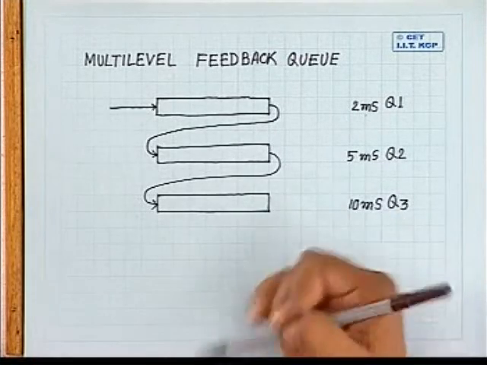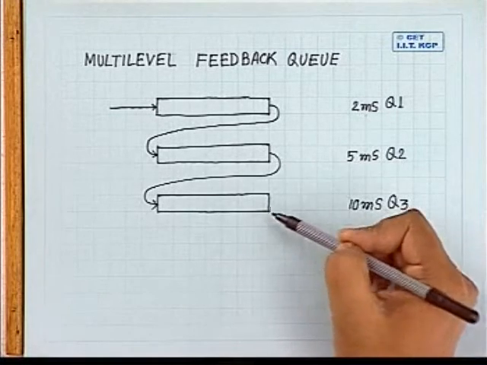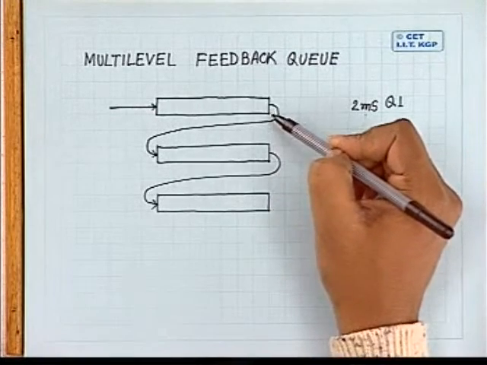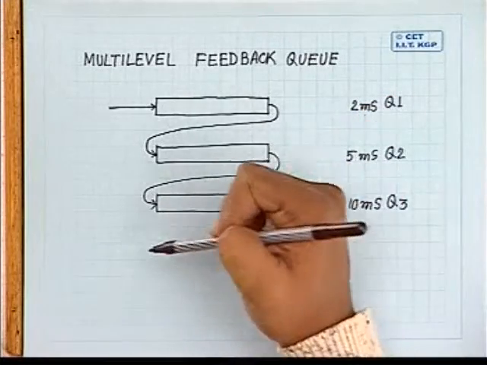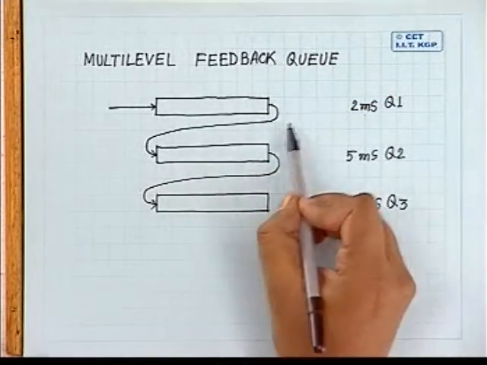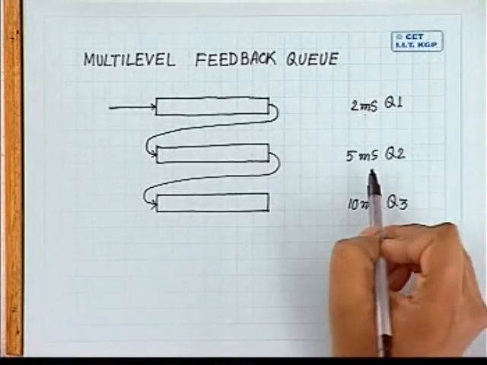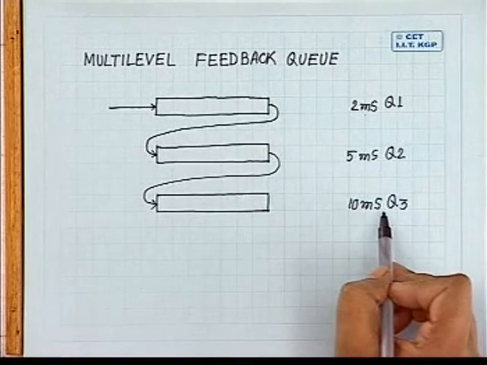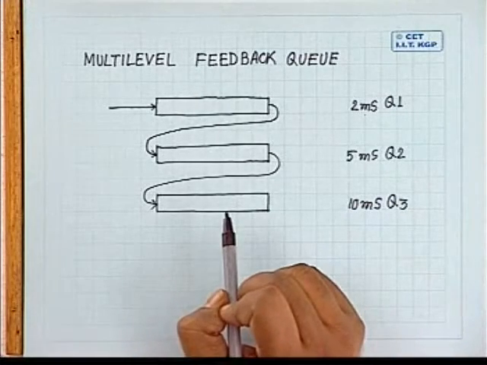Whenever the job changes its nature, that is, it starts becoming IO bound, I start pushing it upwards. When I push it upwards, that means I'm increasing its priority. So here again, queue number 1 will have highest priority, queue number 2 will have lower priority, and queue number 3 will have the lowest priority among these three.